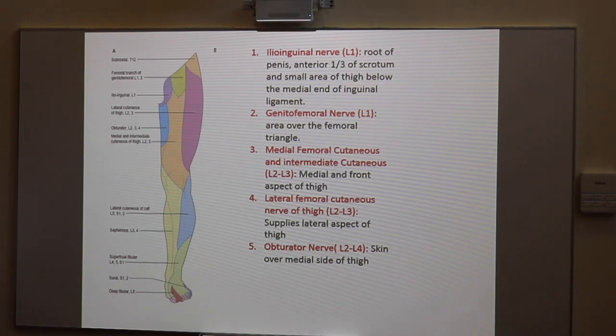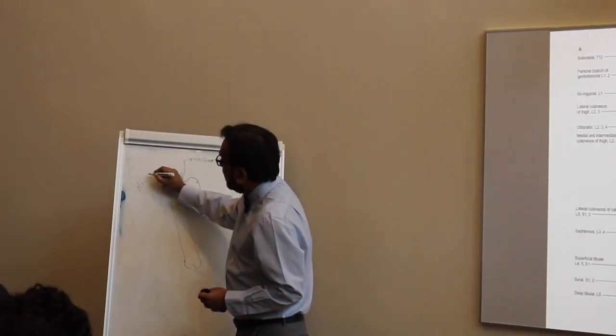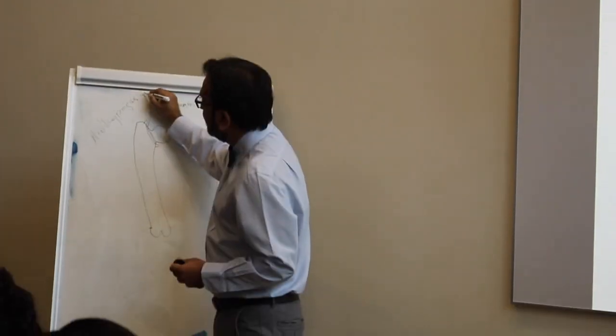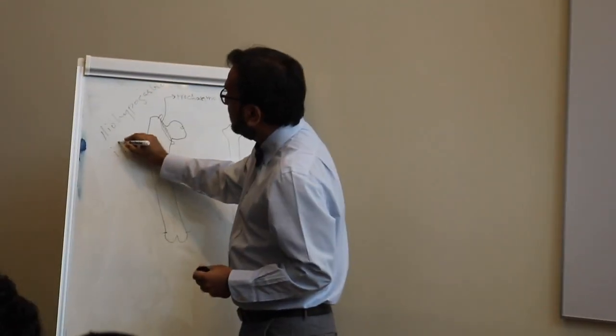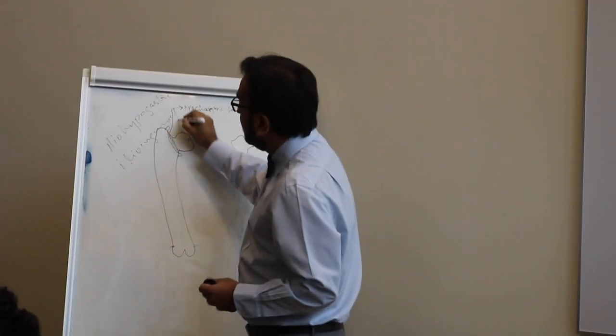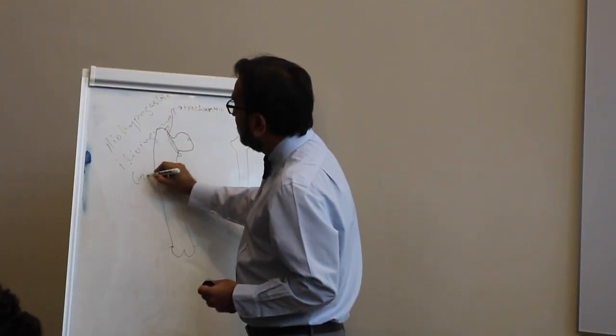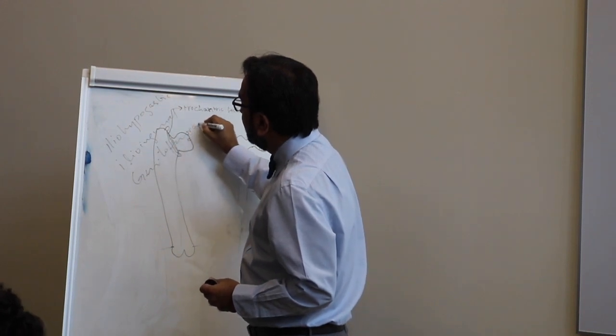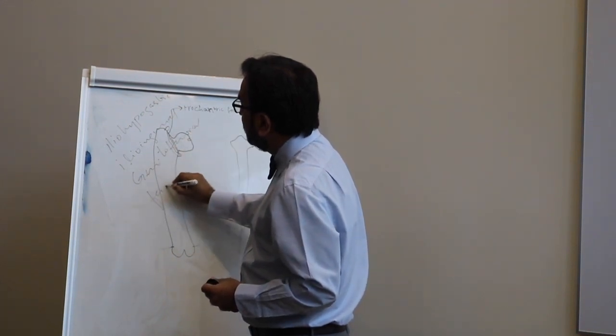The first one is iliohypogastric. The second one is ilioinguinal. Third one is genitofemoral. Fourth one is femoral nerve.